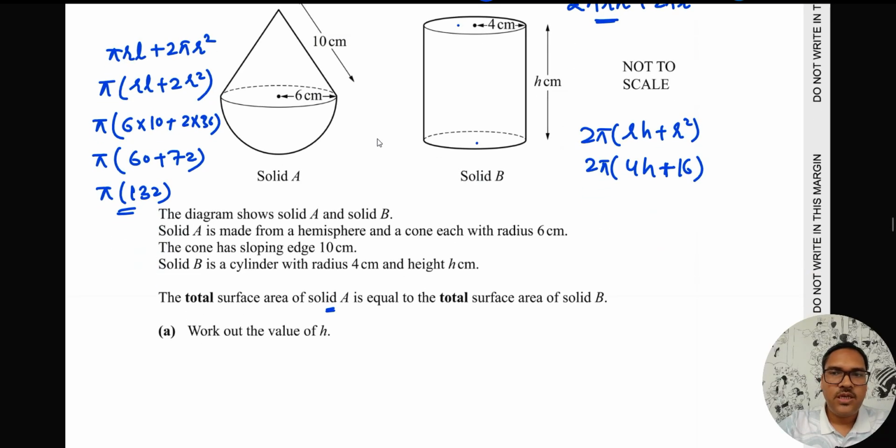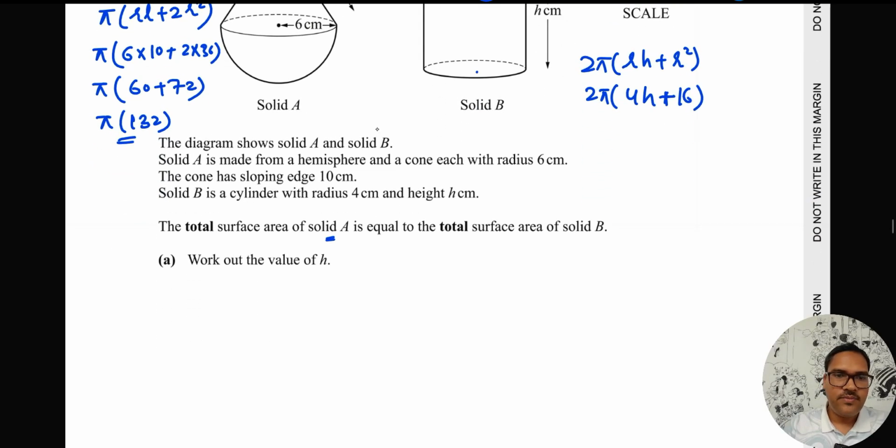Now they are equal, so let's equate them. If I equate them, 132 pi, the surface area of this solid A, is equal to 2 pi into 4h plus 16. Correct? So now we can solve this. You can see this pi and pi I can cancel. 132 by 2 is 66.